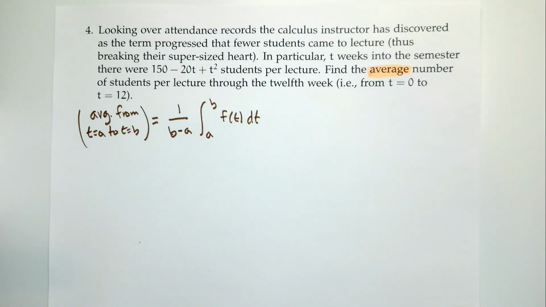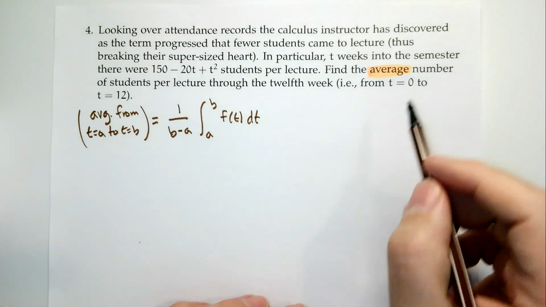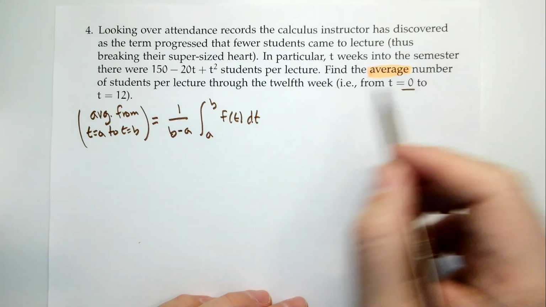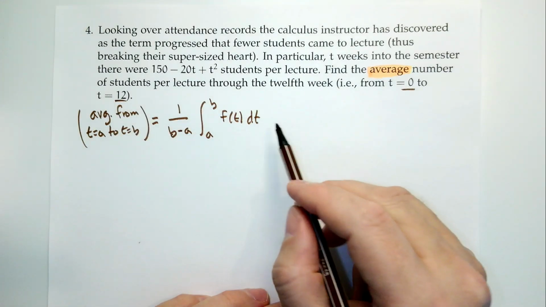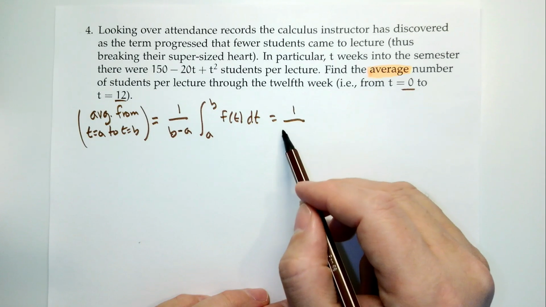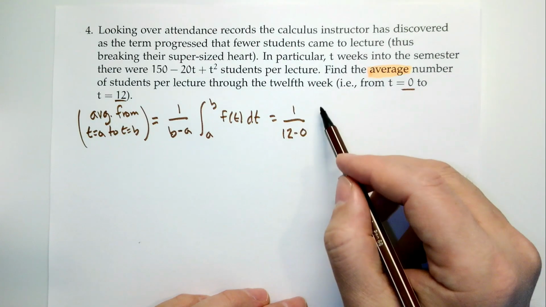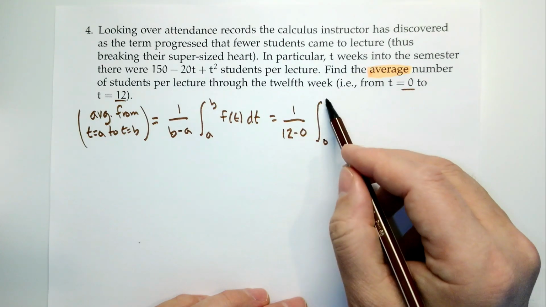So, now that we know that's our formula, we just got to work it through. So we know our a and our b. That's given here, 0 and 12. So, 1 over 12 minus 0, integral 0 to 12.